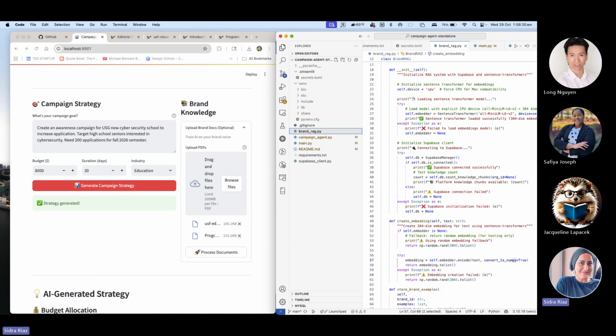So if I have a chunk that says cybersecurity programs should emphasize hands-on experience, it becomes something like 0.3 and so on, up to 384 numbers in total. Similar concepts get similar numbers.